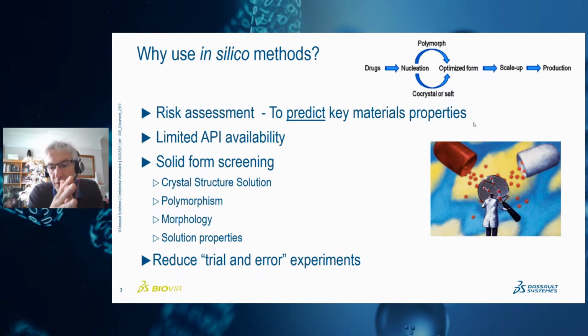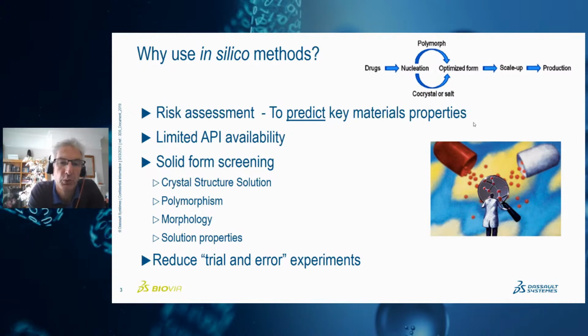Well, the aim, as I say, is a risk assessment, to try to predict any potential issues that the drug might have later in development, such as low solubility, polymorph, a need for co-crystal, and so forth. You might have very limited API because this is an early stage of development. The complete organic synthetic route is not fully established yet. So you don't have much yet.